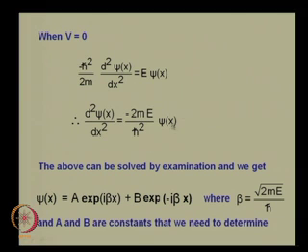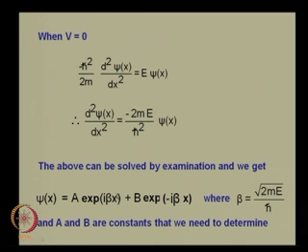This can straight away be solved by examination, because any exponential function, if you differentiate it you will get something similar, and if you differentiate it twice you will get this, plus you have a negative value here, so that is why we need to set it up this way. So xi of x of the form a exponent i beta x plus b exponent minus i beta x will solve this equation.